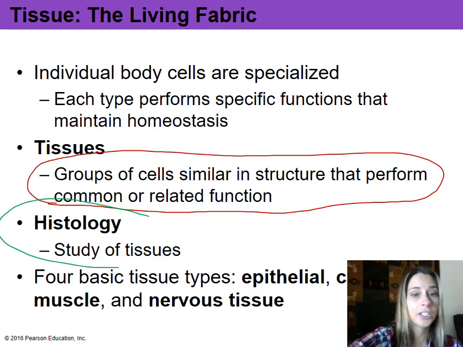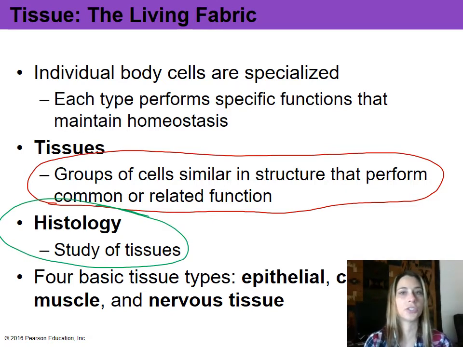Histology is the study of those tissues. Generally, it's considered a microbiological field, so we'll take a look at how it's performed. And also we have these four basic types, one of which my head apparently is sitting on top of. So there's epithelial, connective, that's the one you can't see, muscle, and nervous tissue.